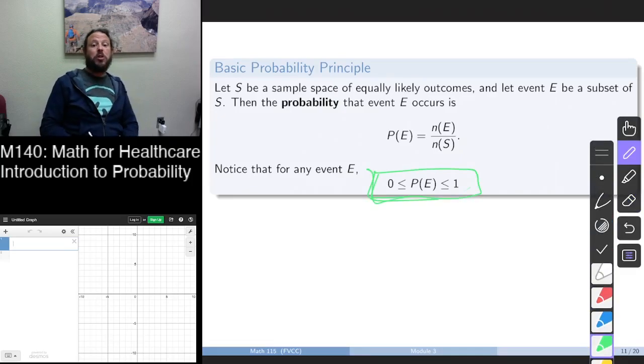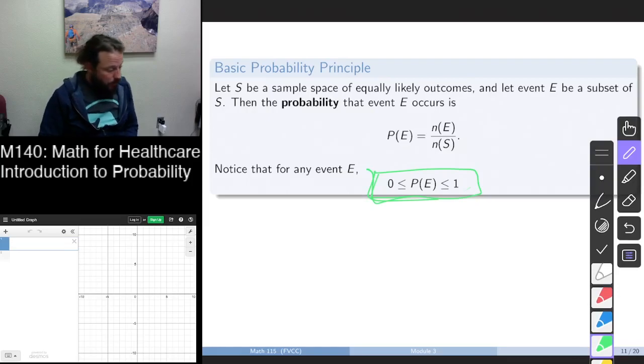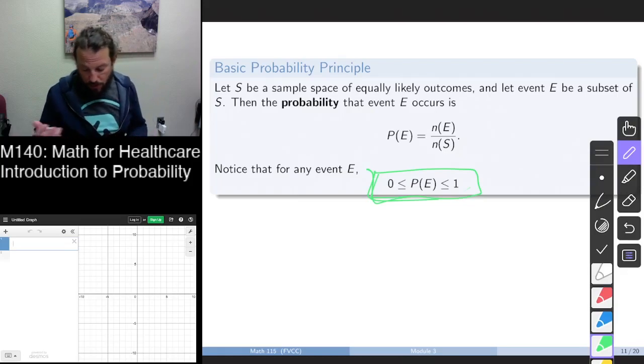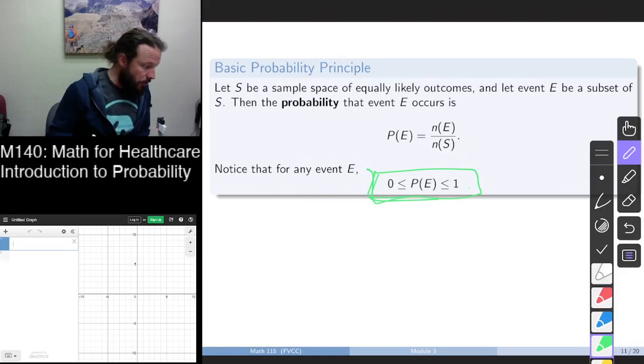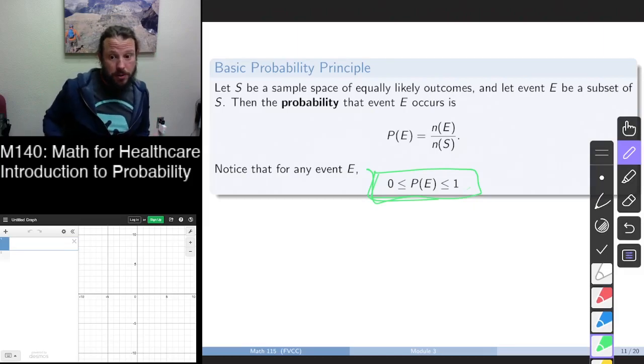The probability is always between 0 and 1 inclusive. It cannot be more than 1. So when you're doing problems, sometimes you get a calculation wrong and it comes out more than 1. You should know that I'm looking for a probability, so it better be between 0 and 1.